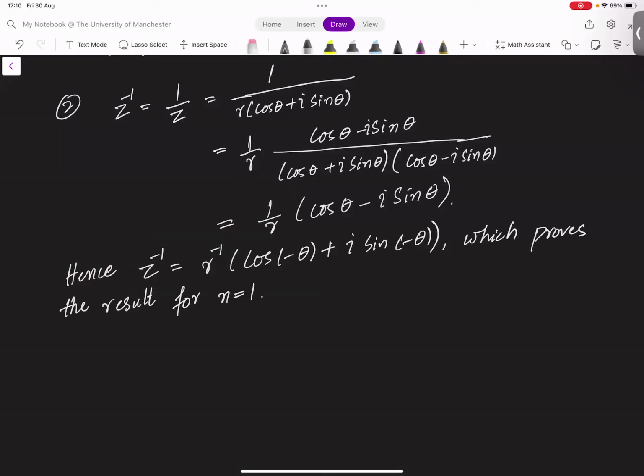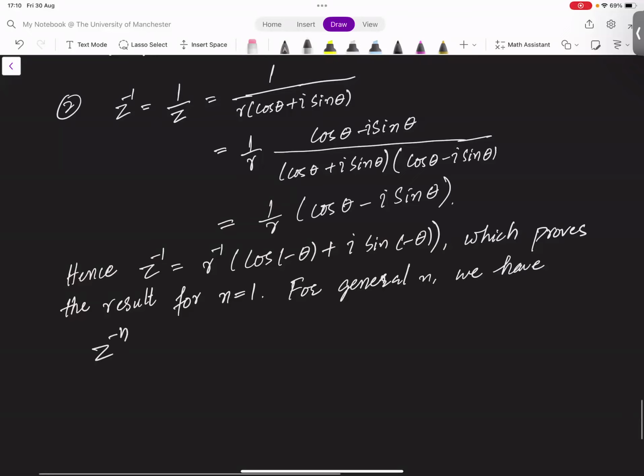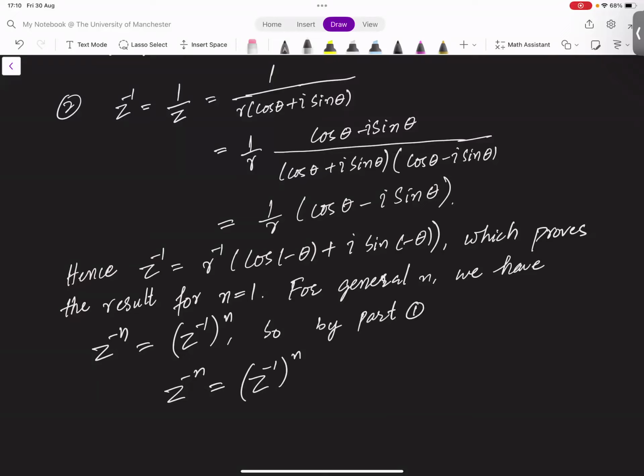Now for general n, we have Z power minus n is nothing but Z power minus 1 power n. So Z power minus n is Z power minus 1 power n by part 1.